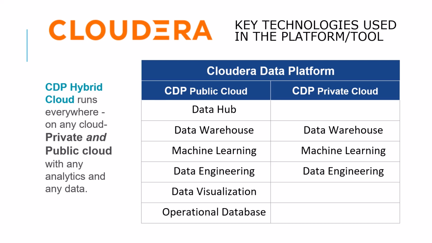In the case of CDP Public Cloud, we can see it comprises Data Hub, Data Warehouse, Machine Learning, Data Engineering, Data Visualization, and also Operational Database. In the case of private cloud, they have only three things: Data Warehouse, Machine Learning, and Data Engineering. Let's go into the detail.